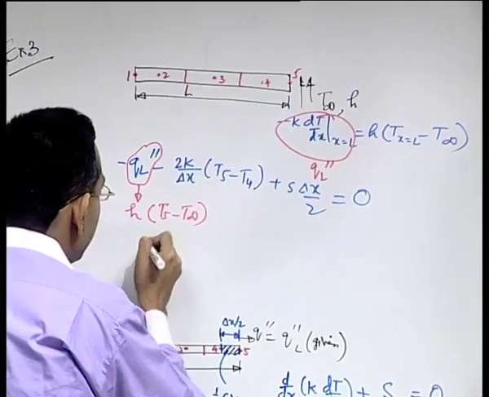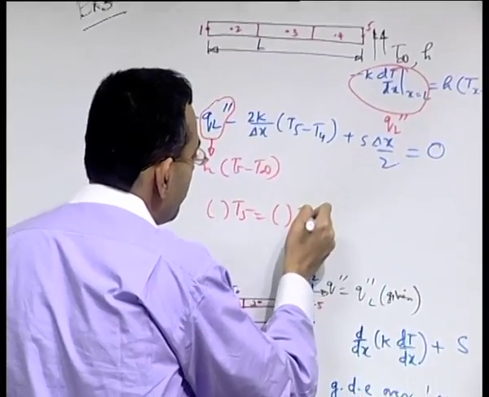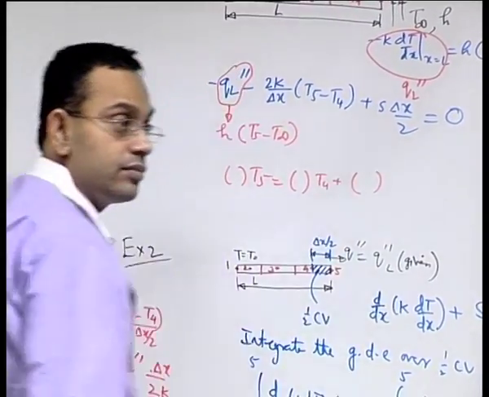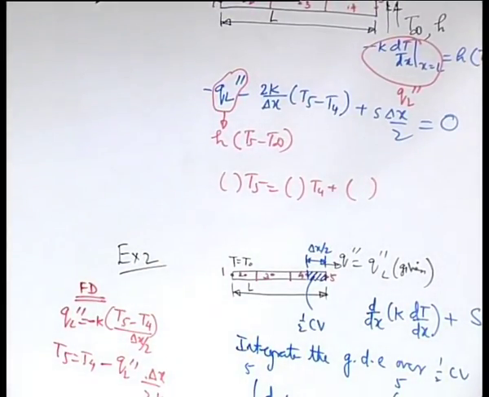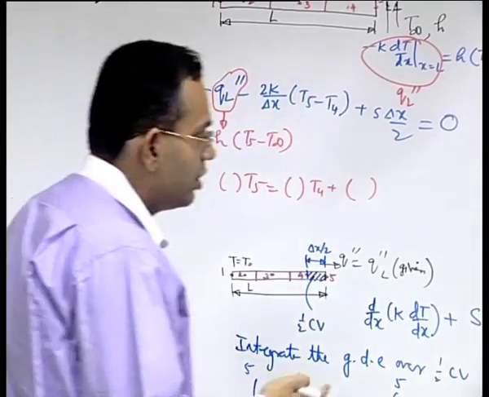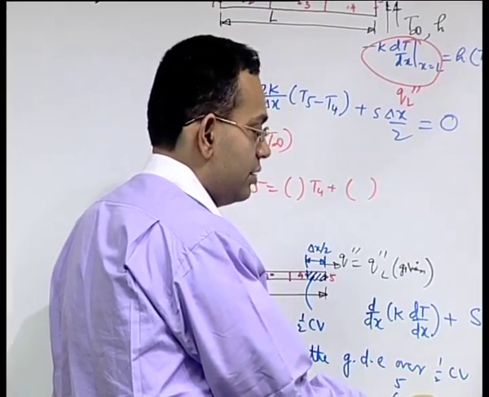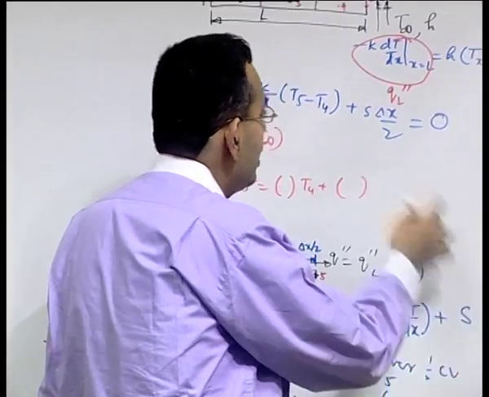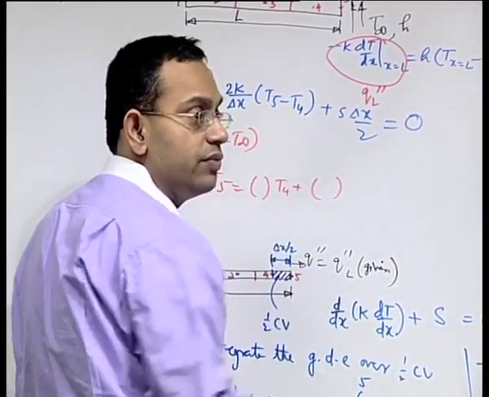You can write it in this form, something into T5 is equal to something into T4 plus some constant, just by algebraic arrangement of the equations. So, the implementation of the mixed type of boundary condition is very much analogous to the implementation of the Neumann type of boundary condition. The only thing is you substitute the heat flux in terms of the heat transfer coefficient.